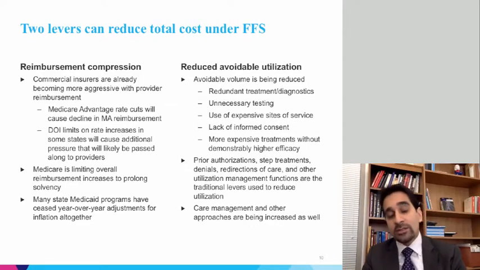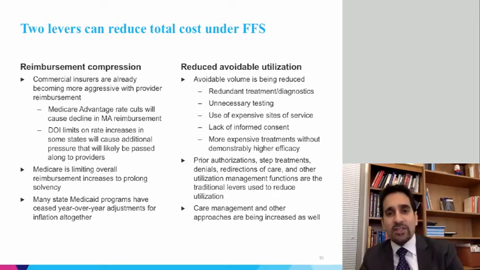The other option is to reduce volume. So that's reducing avoidable utilization. Some of that is already happening. There's been focus on reducing unnecessary testing, use of expensive sites of service, lack of informed consent, where patients have procedures done where a conservative care pathway might be more appropriate, or more expensive treatments that don't have higher efficacy that's been proven.